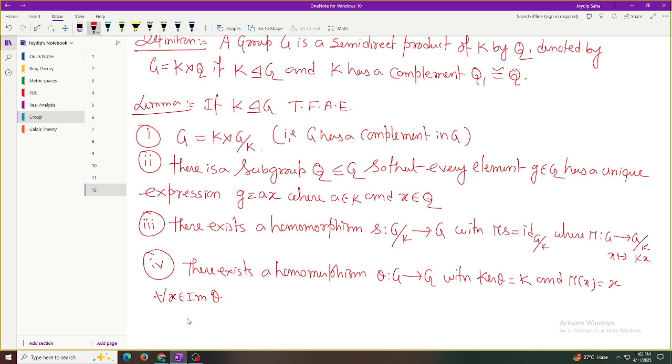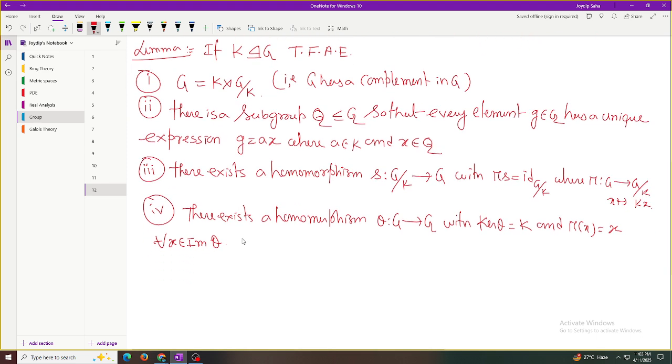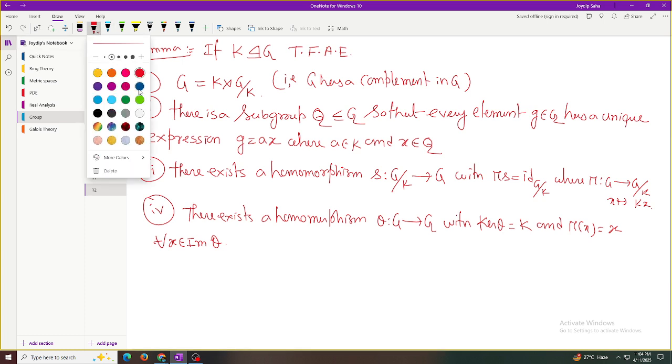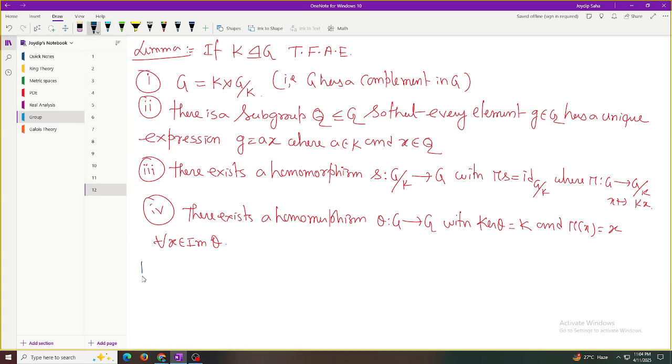So these are all equivalent statements, and the proof is very important.